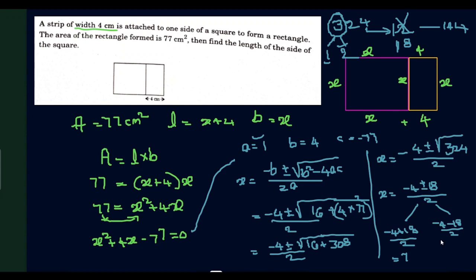So we get a negative value, but no side has a negative value. That's why we go with 7. So this x value is 7, 7, 7 and 7. Got it? So the side of the square is 7. For this solution, we get 4 marks.